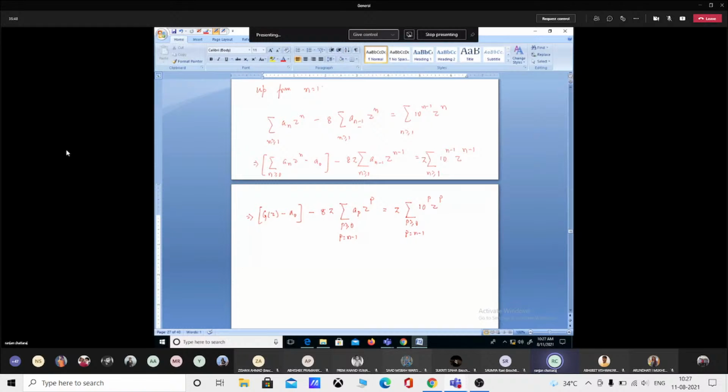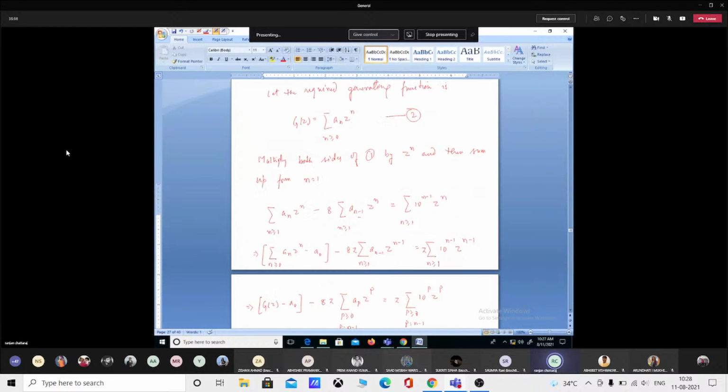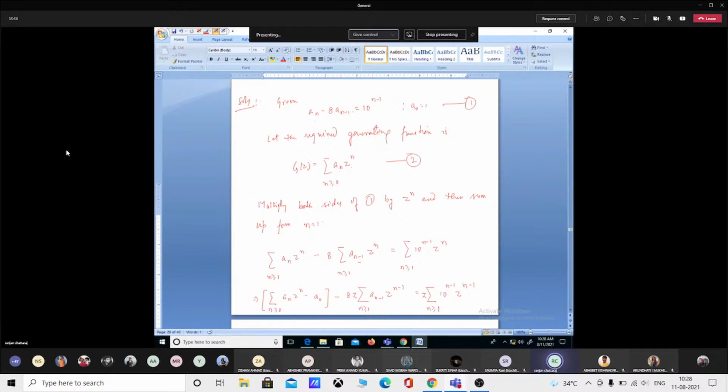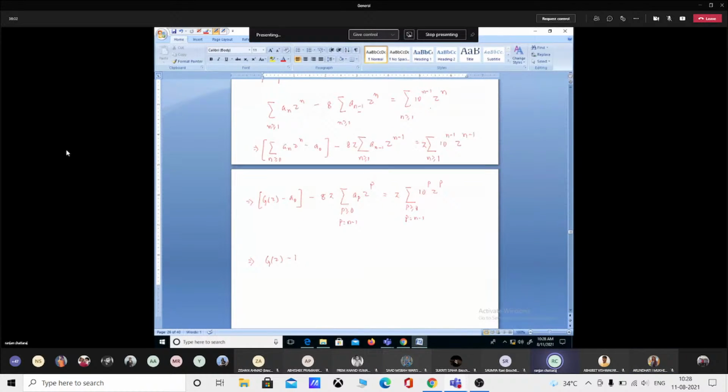So now put the value of a_0. The value of a_0 is given, so we have G(z) minus 1. You see, in the problem it is given a_0 is equal to 1, so I am writing 1 here, and then minus 8z G(z).